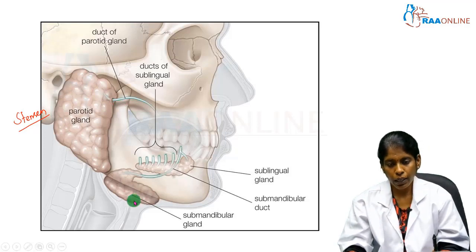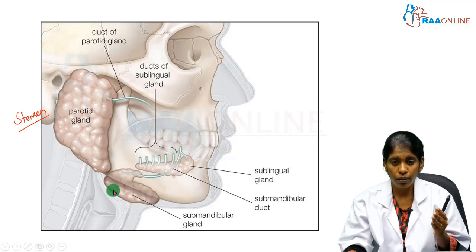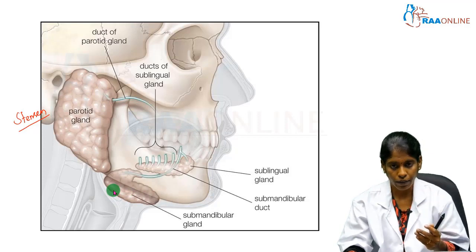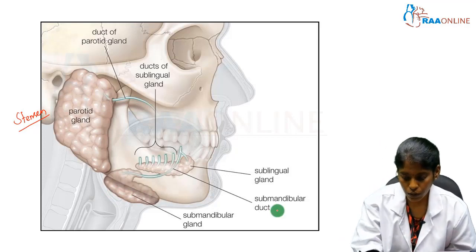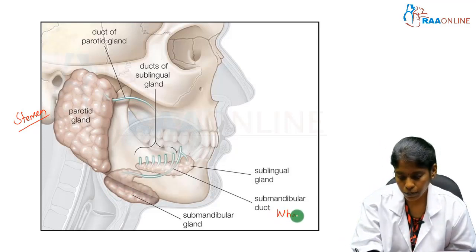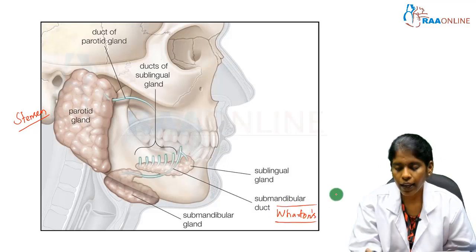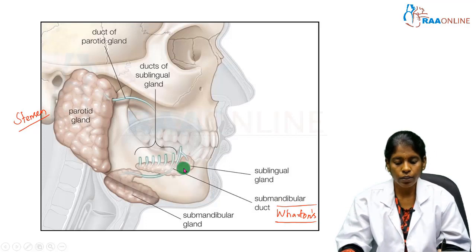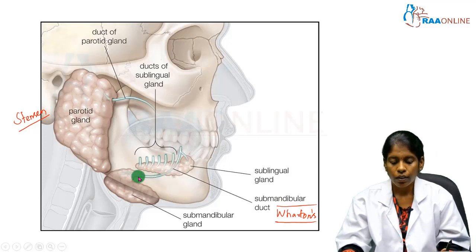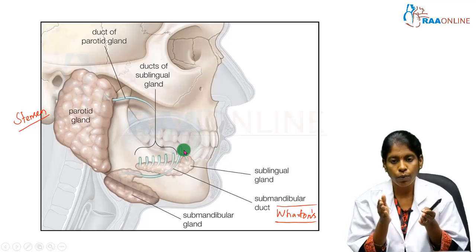Coming to the submandibular gland, it also opens with a single duct into the oral cavity, known as Wharton's duct. As you can see in the picture, the duct opens into the floor of the mouth on either side of the frenulum of the tongue.